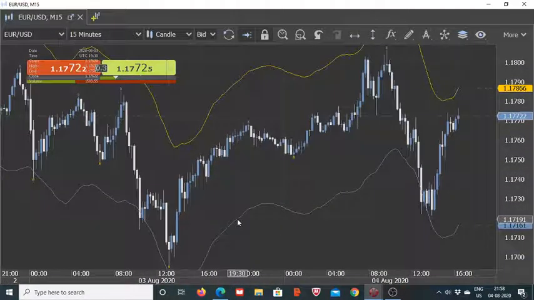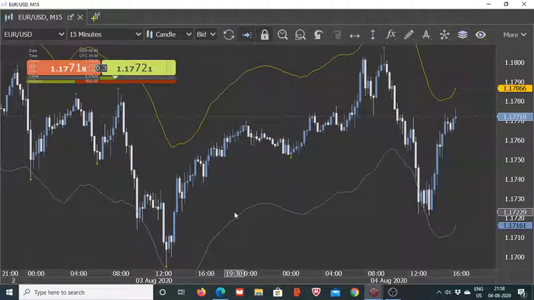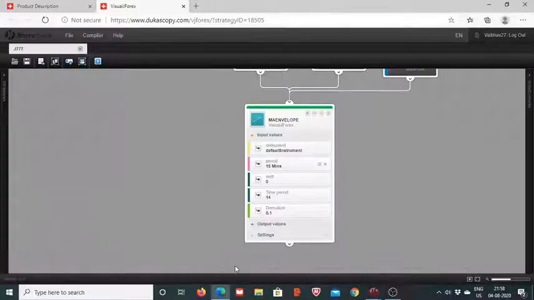So whenever you want to make any change, you have to see how it performs on the chart, and then if you see that the combination is likely to be profitable, then all you have to do is put the same configuration here, and you will have the system which will be doing the calculation exactly as you would have done in case you were to trade manually.